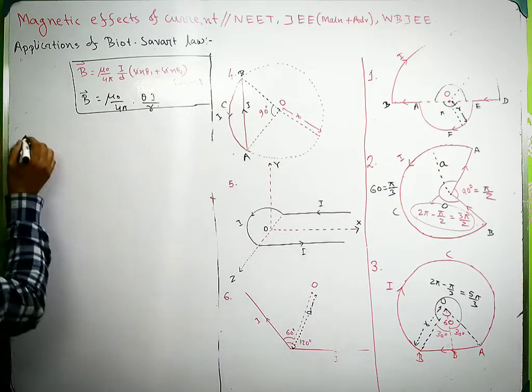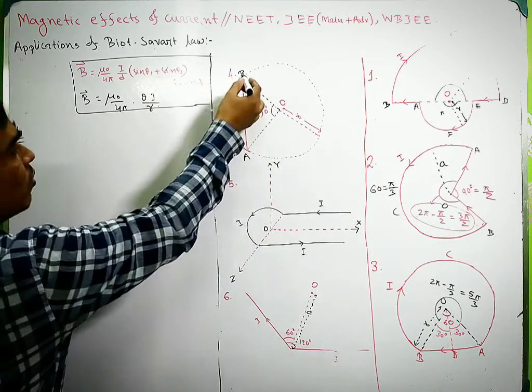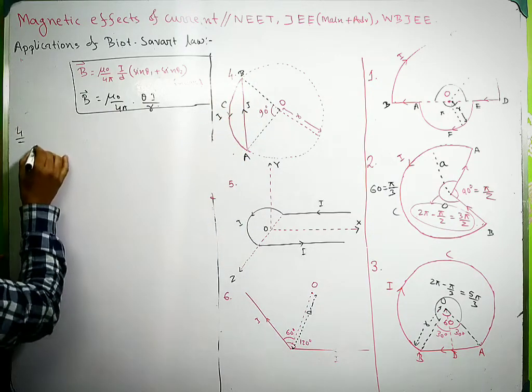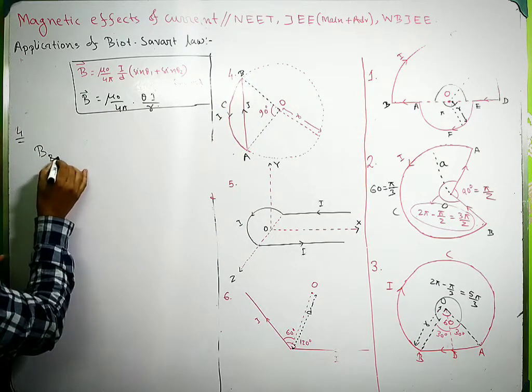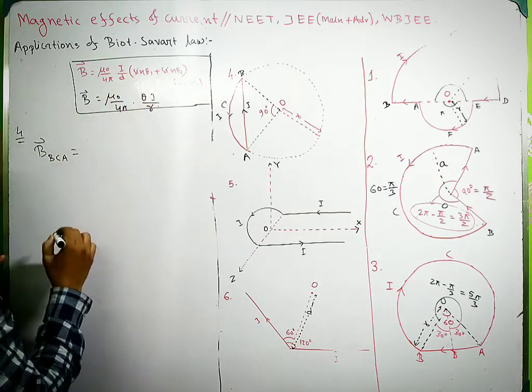So the magnetic field for this ACB portion, or BCA portion, can be calculated by this equation.